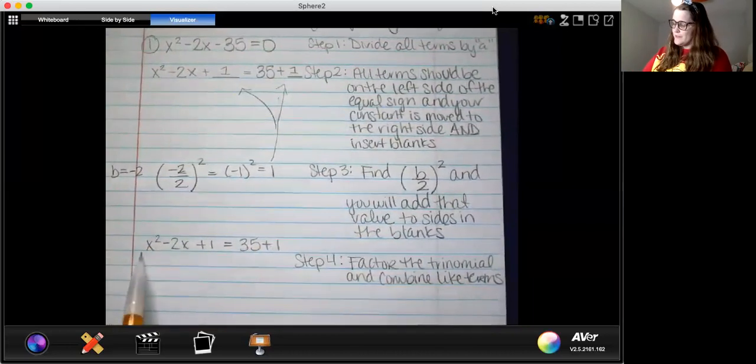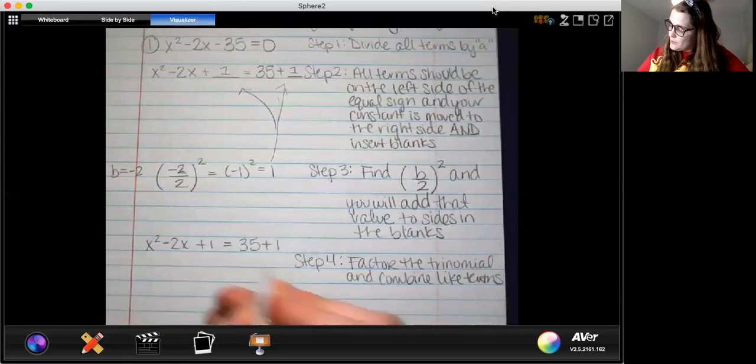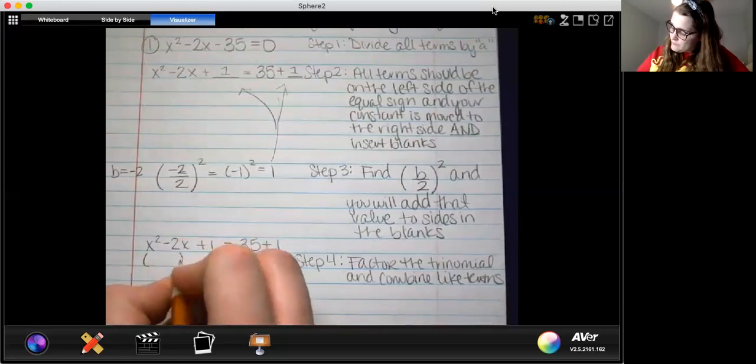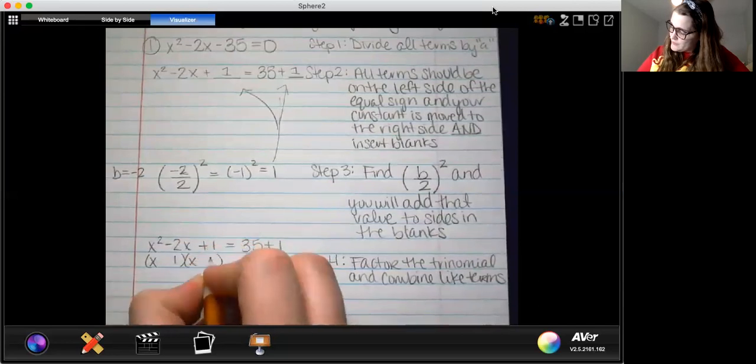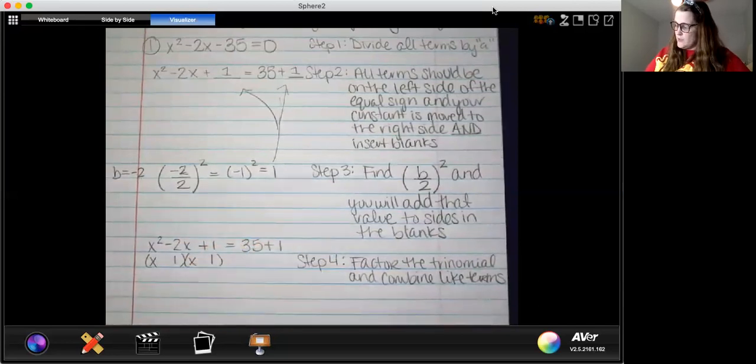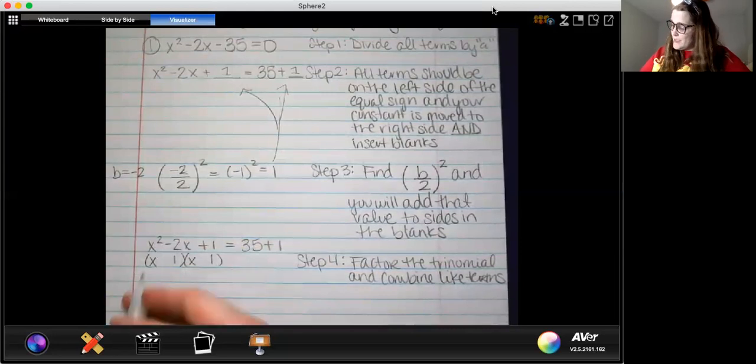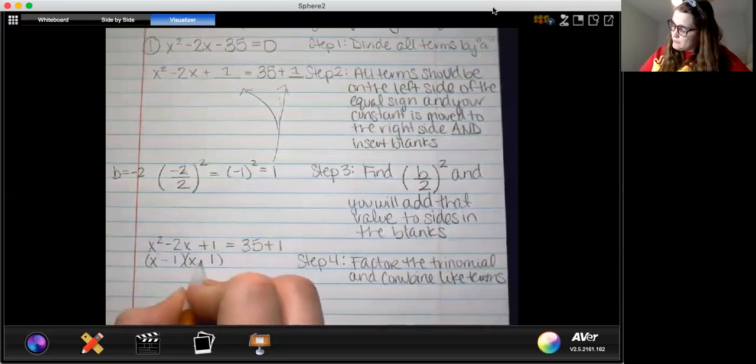So on the left side, we're going to factor. We want to think, what are factors of 1 that add to negative 2? Well, the only factors of 1 are 1 and 1, and the only factors of x squared are x and x. 1 times 1 is positive 1, but how would I get negative 2? It would have to be x minus 1 and x minus 1.